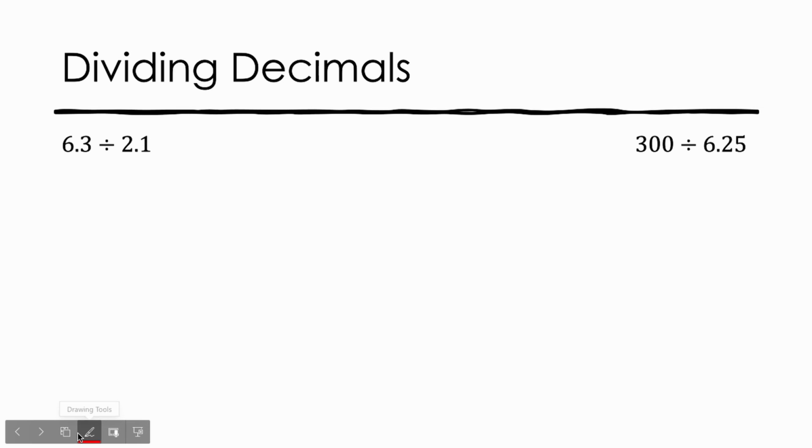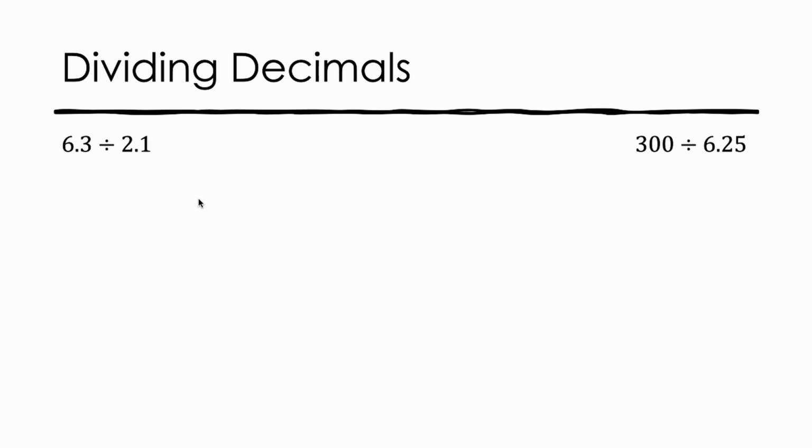So let's do this. Let's take the first one. 6.3 divided by 2.1. Now I have specifically made sure that there will be absolutely no remainders. So there will be no decimal points because it would be too messy. And I don't have a lot of time in the first place. So let's do this. Let's put this in the long division layout.